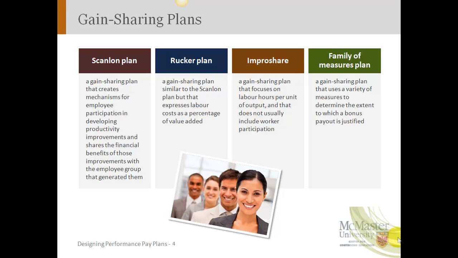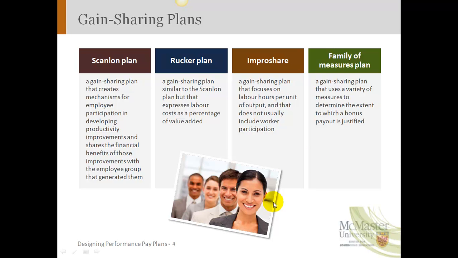And usually, whatever they're saving in terms of labor, normally management will split that with employees 50-50. But we have also seen in the Scanlon plans where workers can get up to 75% of that cost savings.